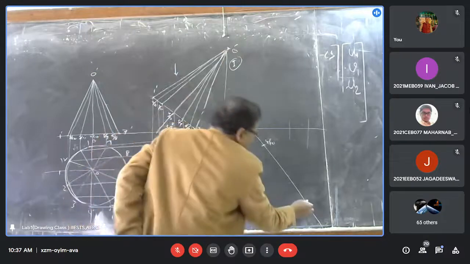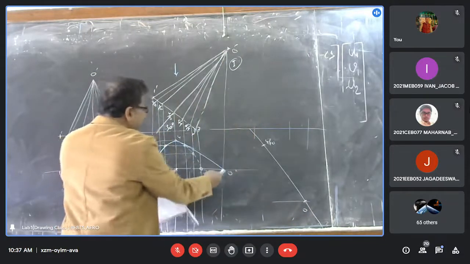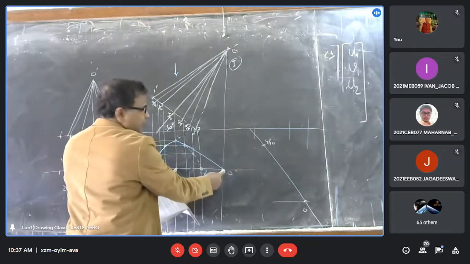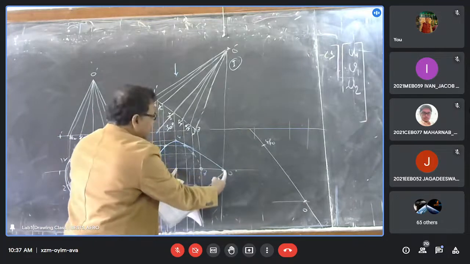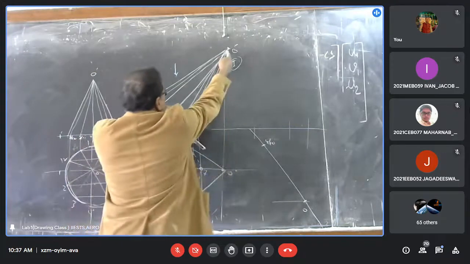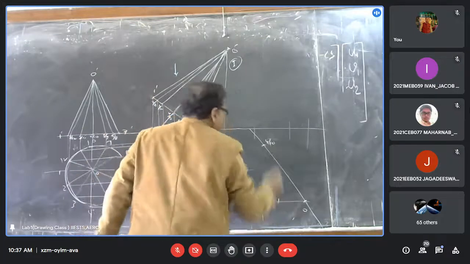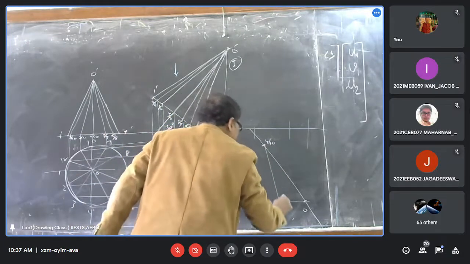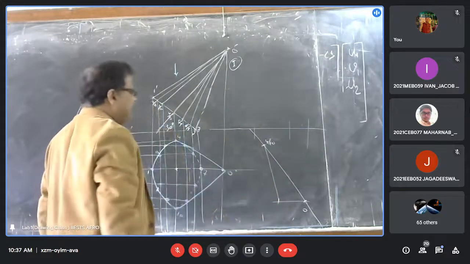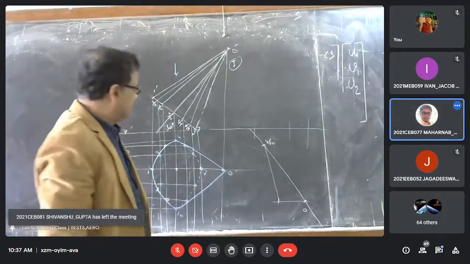Now draw the locus, a straight line. Then take the plan length of this axis. This was the plan length of this one. Then here start a point, then draw. This is the plan of the axis.